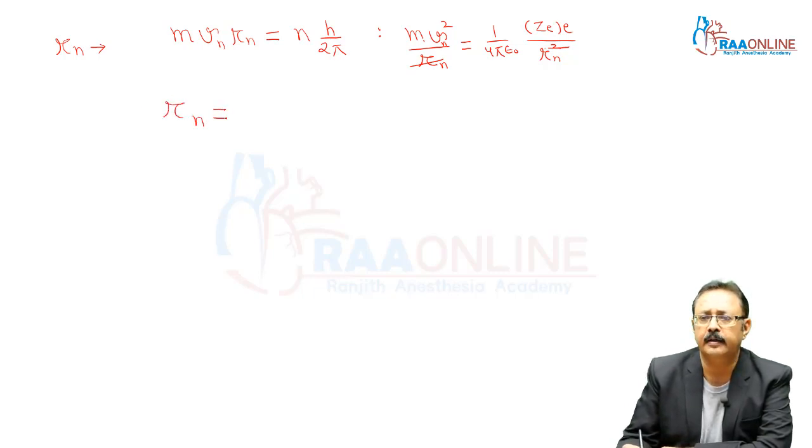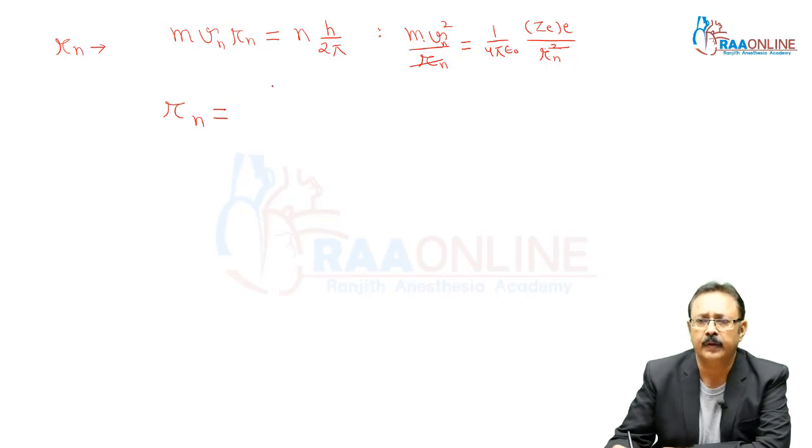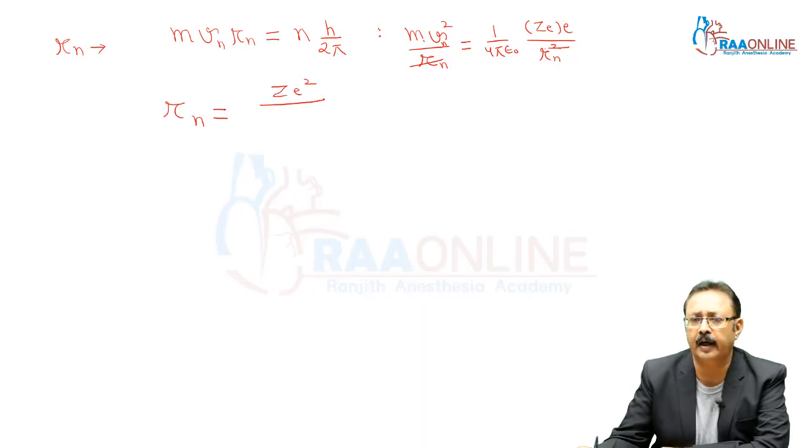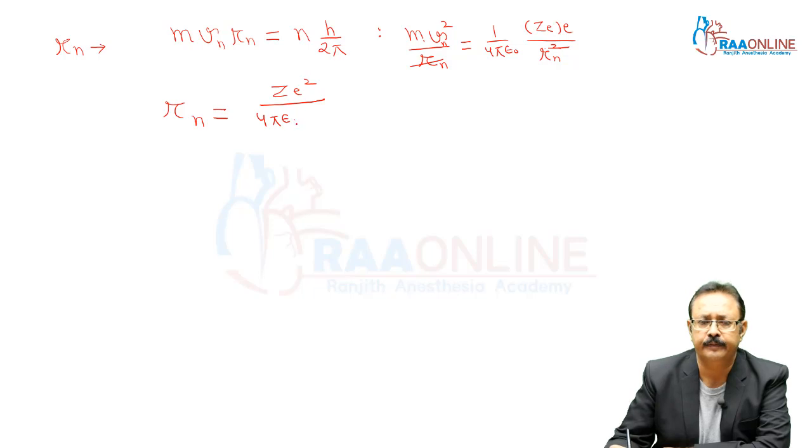For Rn, we are getting now Ze square divided by, we are taking Rn in place of mv square, 4 pi epsilon naught as it is at its place, taking m and Vn square.